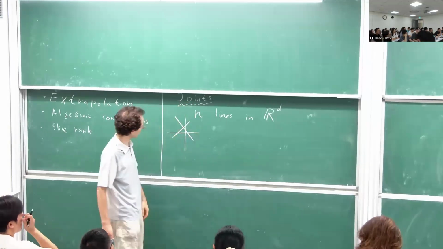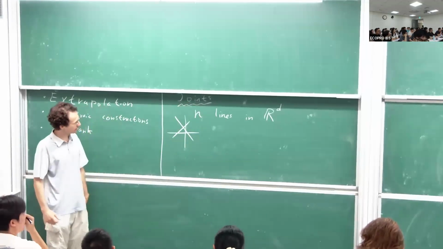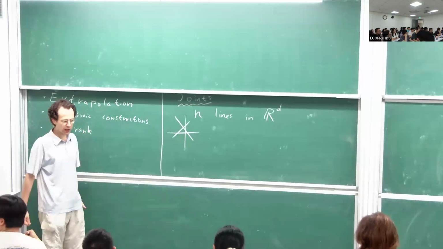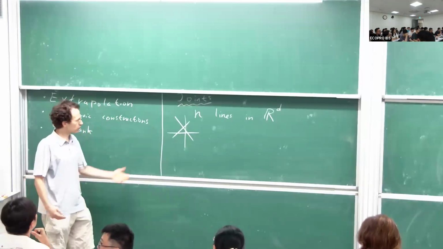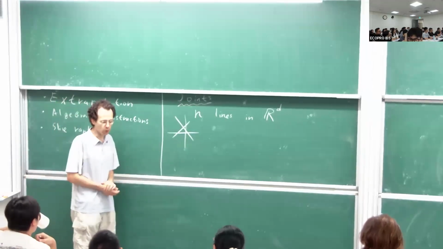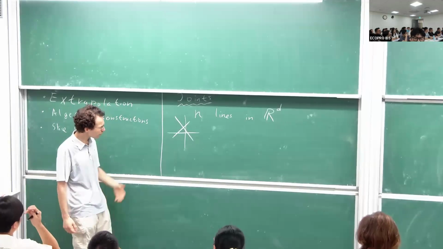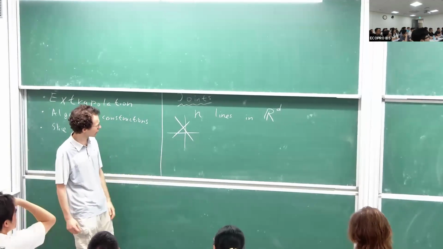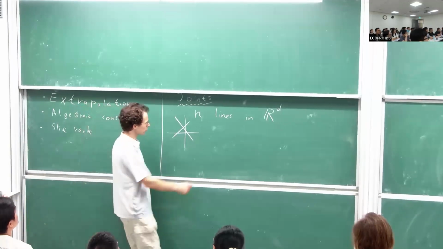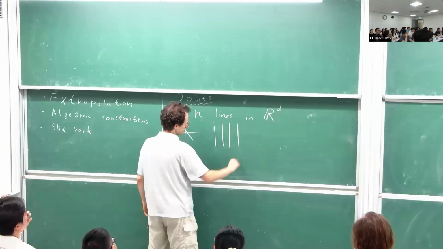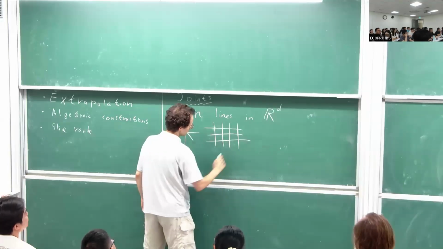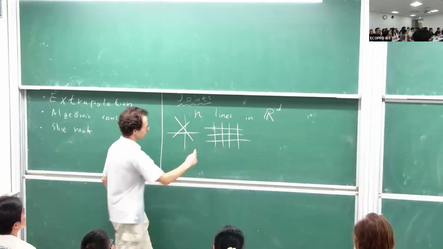So one way to try to make sense of this is to say, well, we want to have d lines intersecting at a point. Unfortunately, this does not really change the answer that much, because you can have a grid, and then you can have diagonal lines.